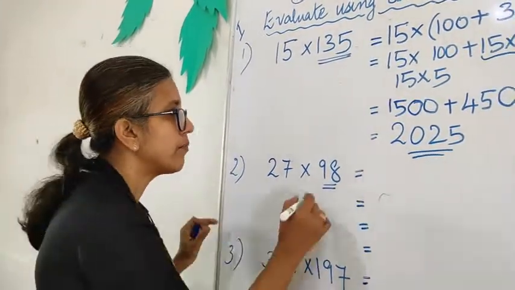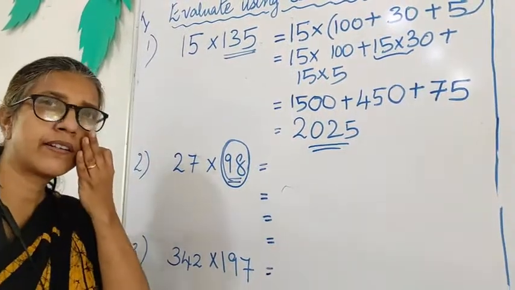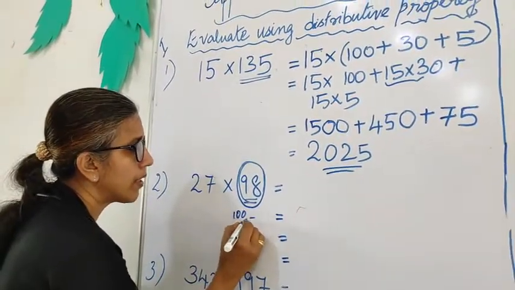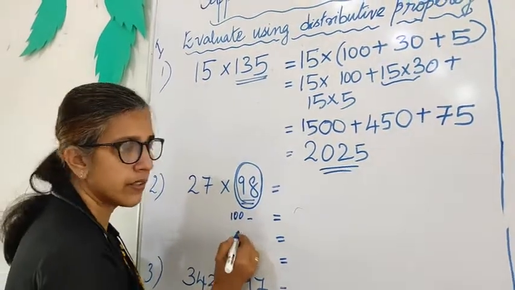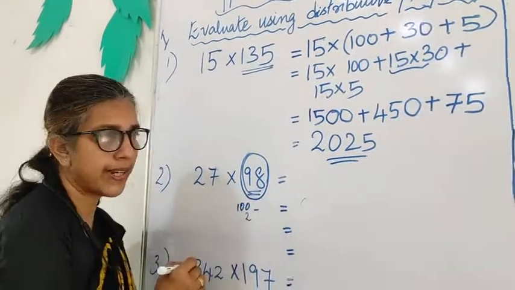So how will I make this 98 using 100? I have to subtract from 100. How many to get 98? I have to subtract 2. So 100 minus 2 is equal to 98.